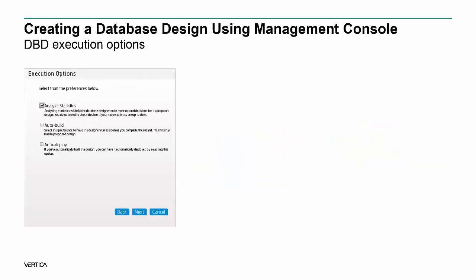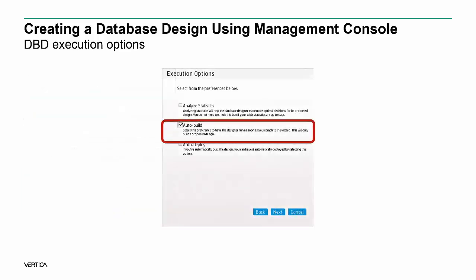Finally, you can choose what the DBD will do once it has a design in hand. If you want to ensure that your table statistics are up to date before building the design, select the Analyze Statistics checkbox. Once a proposed design has been set, DBD can automatically build the design file, which includes all of the proposed projections.